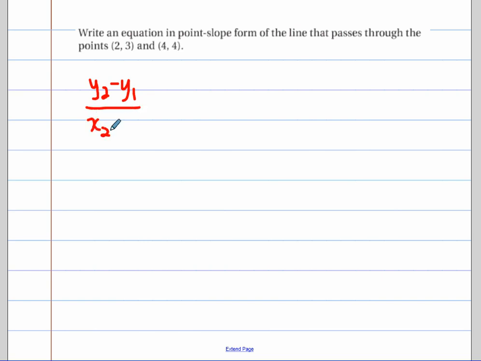Well, y2 minus y1 over x2 minus x1. Plug in my information, so I'm going to go 4 minus 3, remember y's go on top, and then 4 minus 2. So 4 minus 3 is 1, 4 minus 2 is 2, so my slope is 1 over 2.